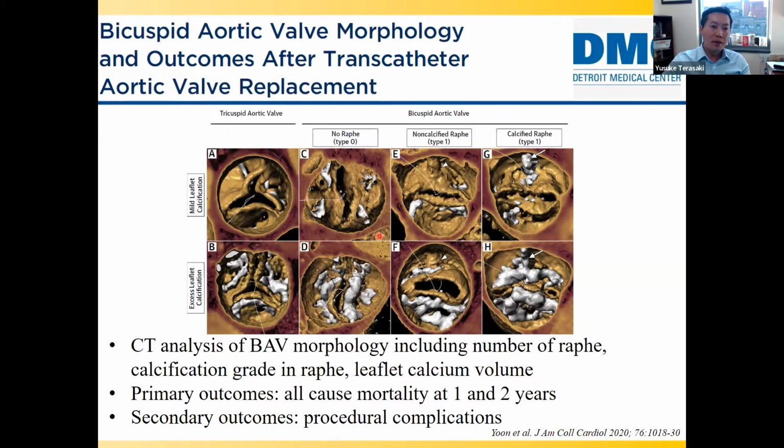Remember, there's no raphe, so bicuspid no raphe group here, the type 1 raphe group here with no calcification of the raphe here. And you can see this is the type 1 with calcified raphe here. Then they also separated them into mild leaflet calcification on the top group, and heavy or excess leaflet calcification on the bottom. So they have 8 categories, and they looked at primary outcomes, which were all-cause mortality at 1 and 2 years, and secondary outcomes of procedural complications.